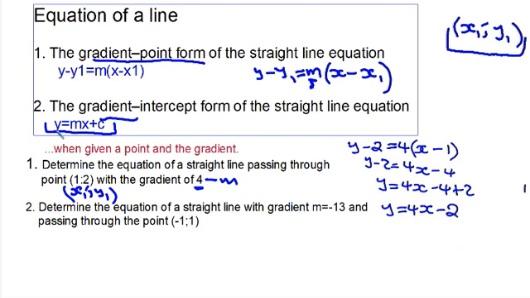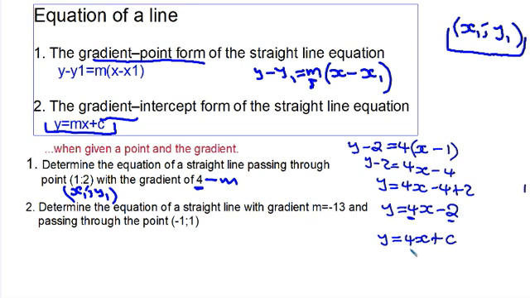And the equation, when simplified, is in the form y is equal to mx plus c, where this is your gradient and this is your y-intercept. We could have used this equation by substituting there. We have our gradient, so it's y is equal to 4x plus c, and then we make use of the coordinate to determine the value of c.